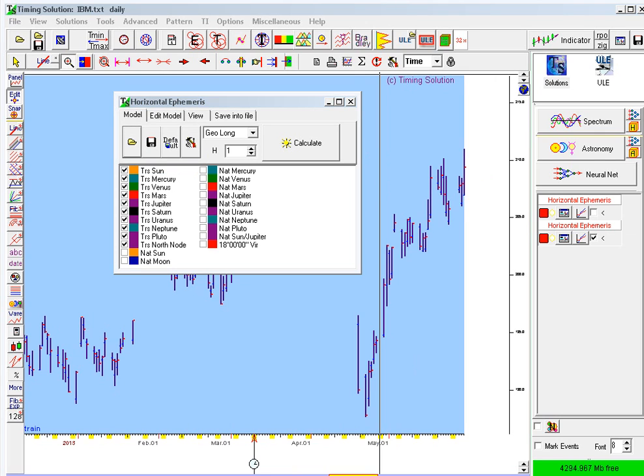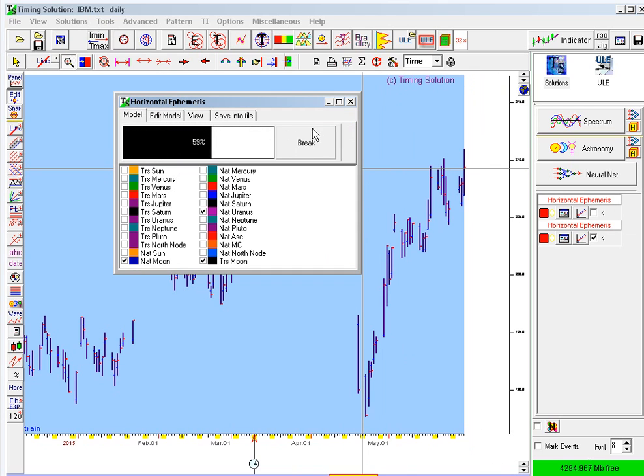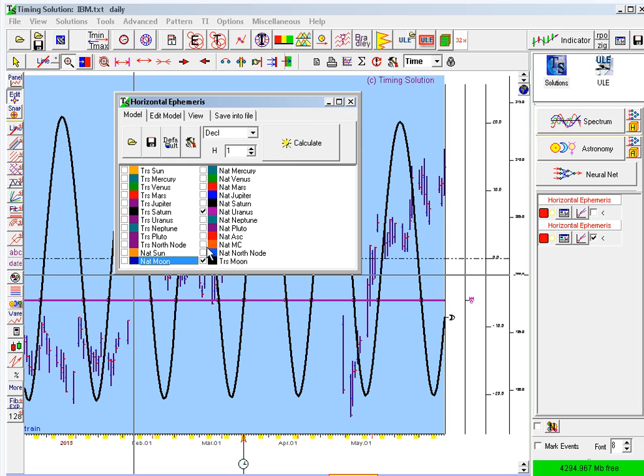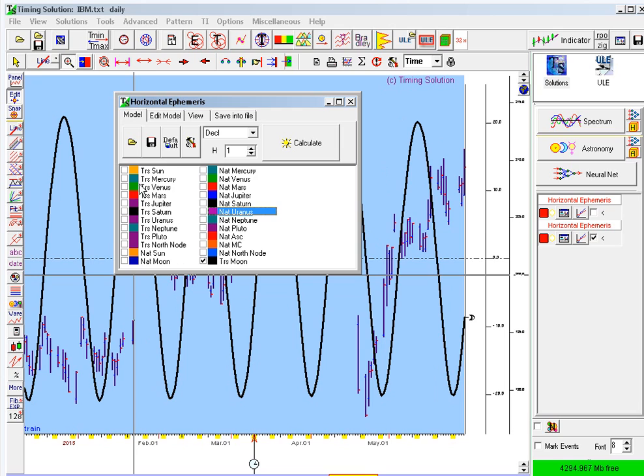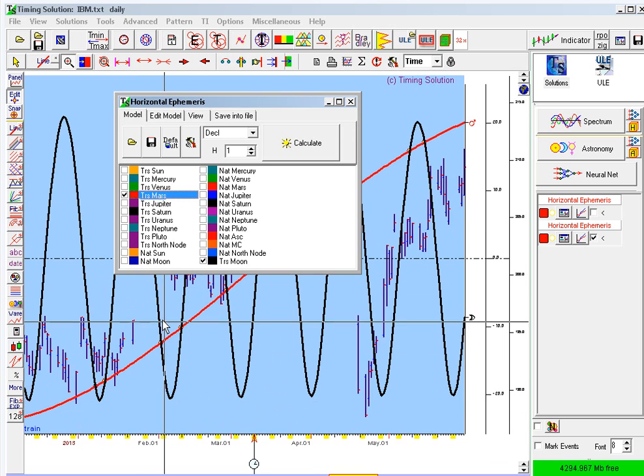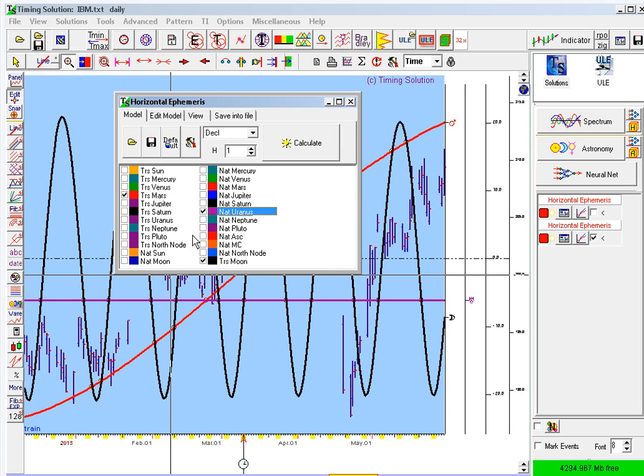Let's open her up. Declinations. Calc it. And we want, we don't want that. We want transit Moon and transit Mars as our triggers. We have to make this a little easier to see. We certainly want natal Uranus. We want natal Moon. And wait until you see Mars and Jupiter on this chart.